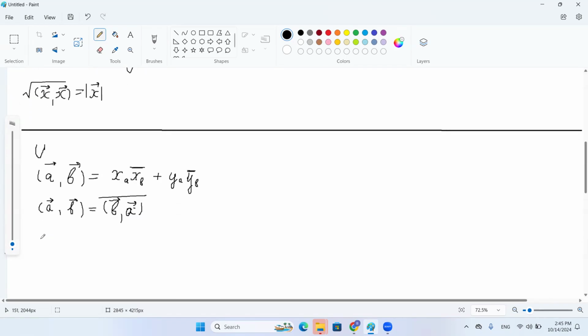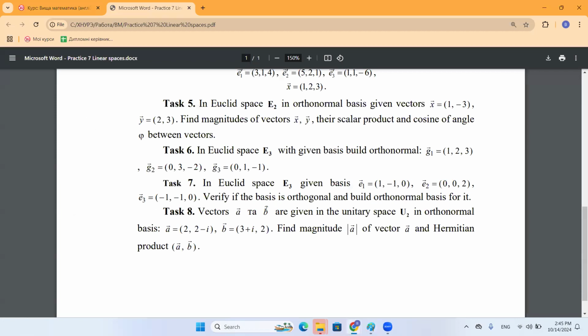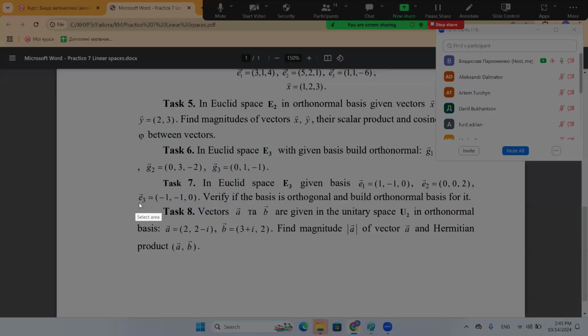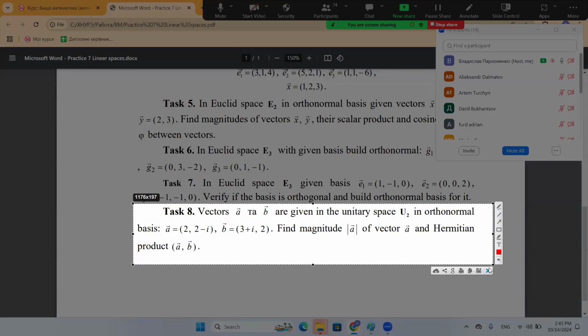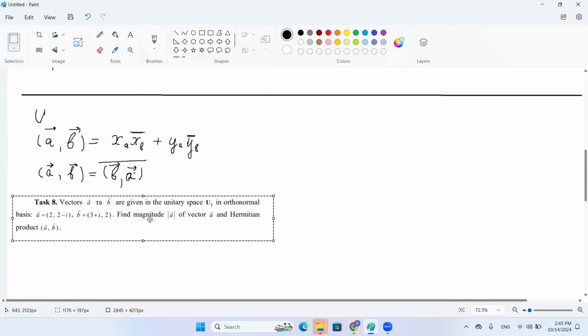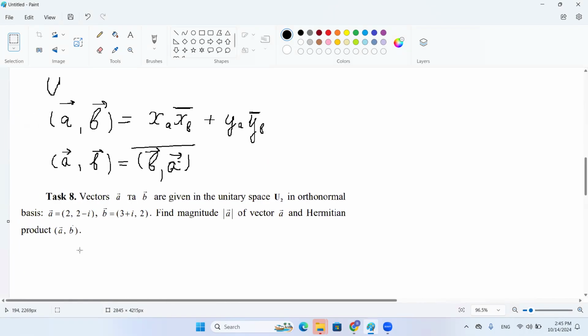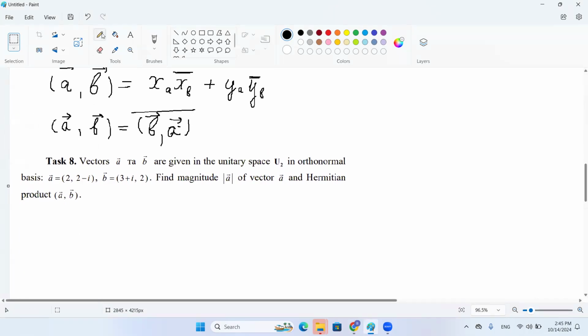Okay, and now let's solve the task. So we need to find the Hermitian product. How to do it? Let's do it quickly.